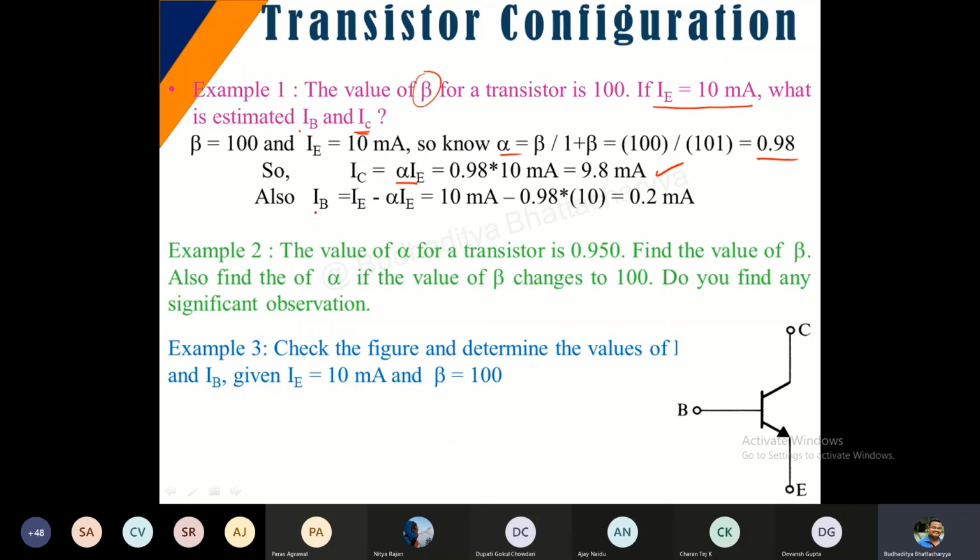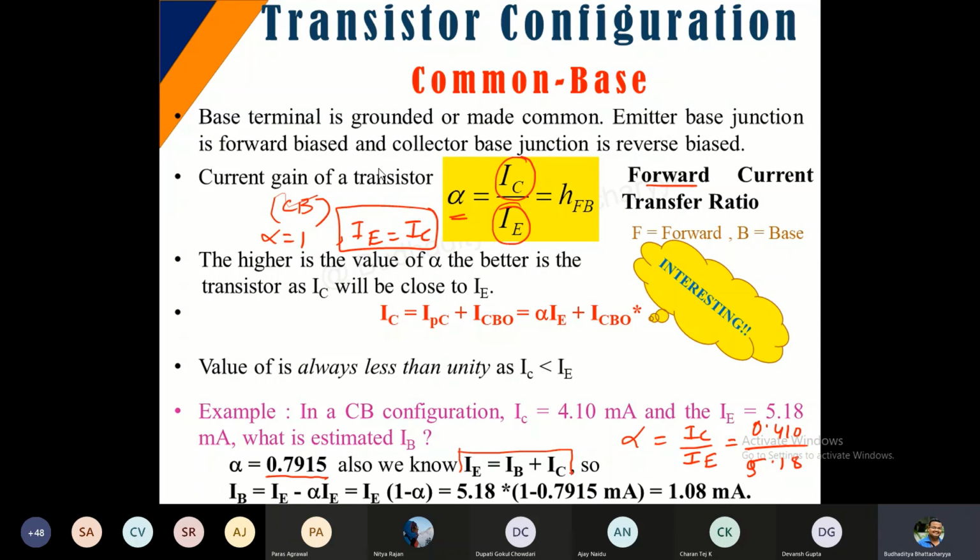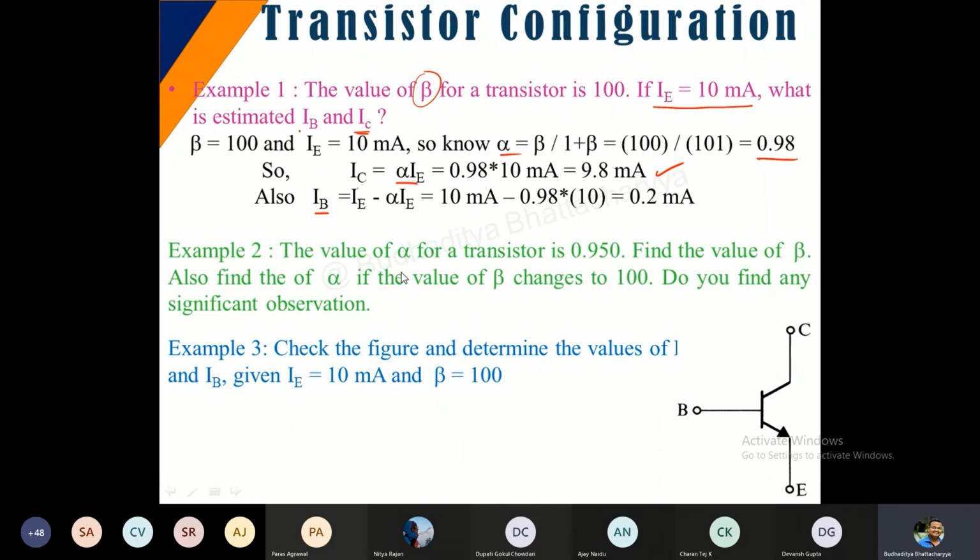Same way, IB can also be calculated using IE minus alpha IE, the relationship we just explained over here. Substituting everything, we are getting around 0.2 milliamps. So you can observe that for an IE of 10 milliamps, for a conventional system, given the condition, IC is around 9.8.